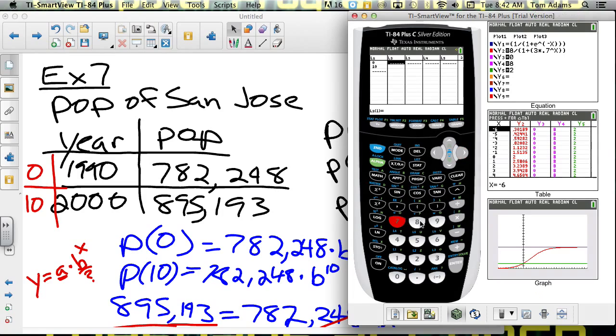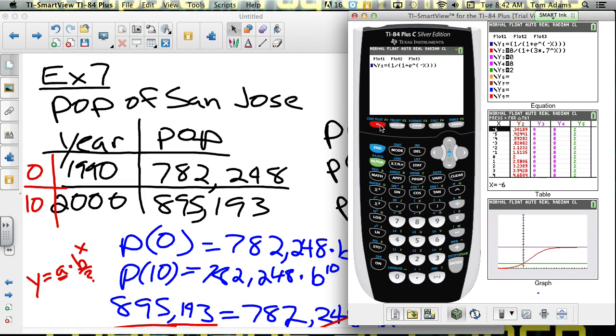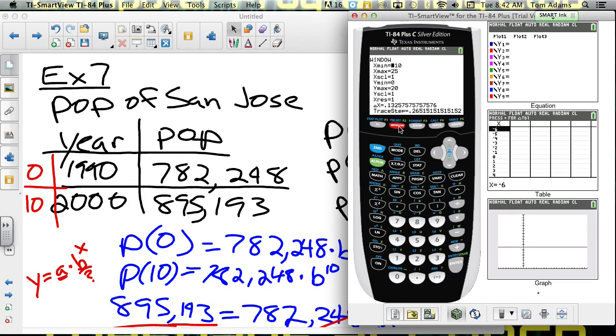And then I'm going to do 782,248, and then 895,193. And then I'm going to go to Y, clear out my graphs. And then I'm going to turn my stat plot on. And then lastly, I'm going to zoom to my zoom stat. So those are the 2 points.